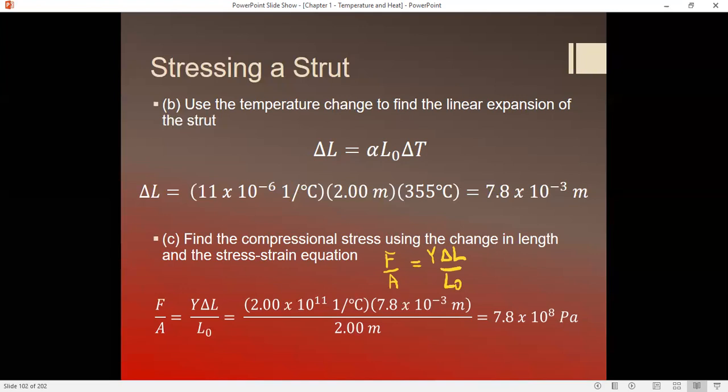All right? So we're asking, what is the stress? Here's the stress, force divided by area. It's going to be in pascals. The Young's modulus for steel is 2.0 times 10 to the 11. That should not have been, it should be 1 over.